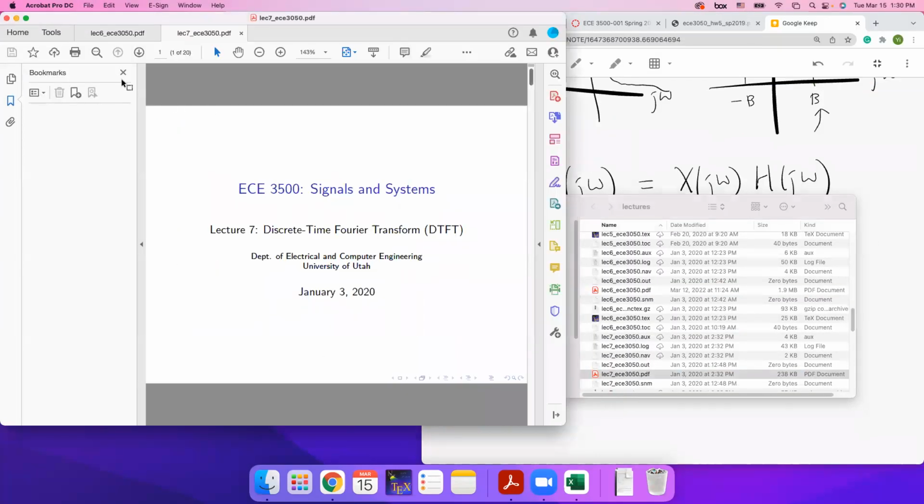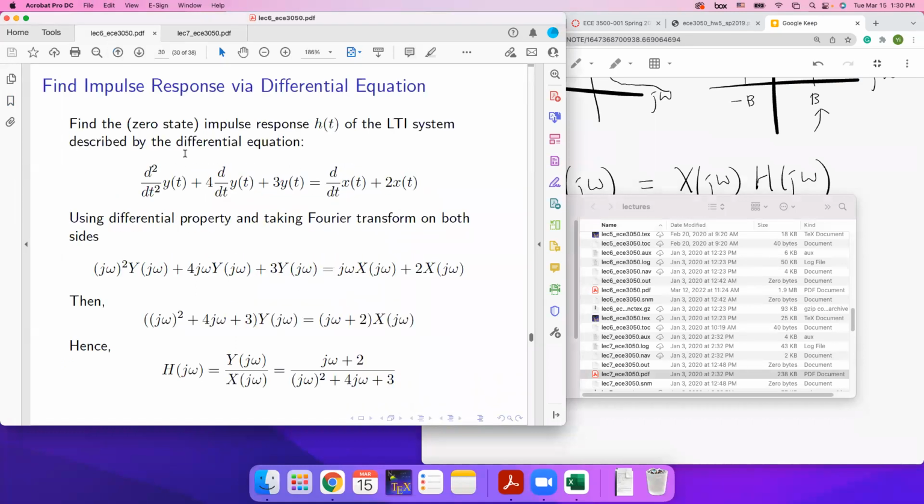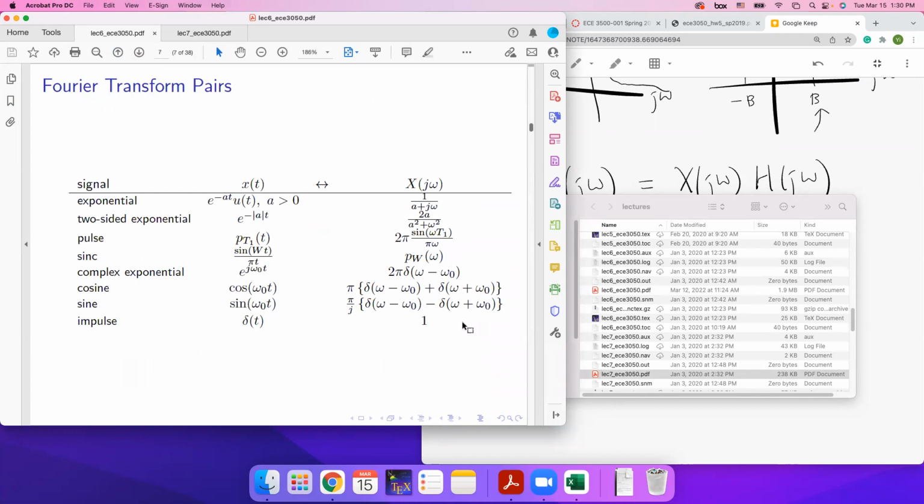I have a quick question. Yes, go ahead. You mentioned that the table of transform pairs would be provided for an exam. Would we also be able to have the table of the properties? Oh, yeah, that's a good question.